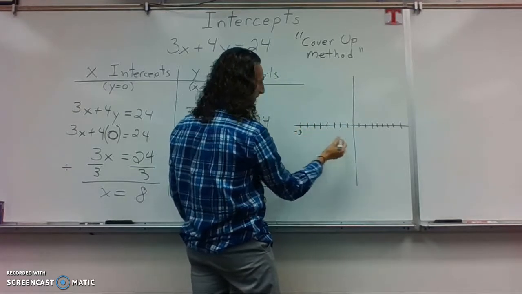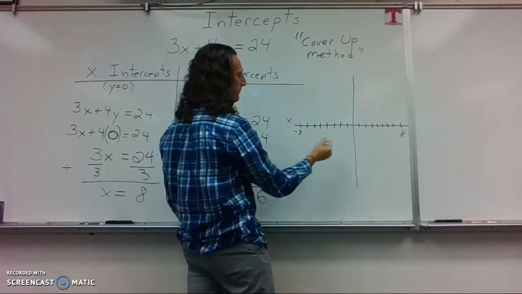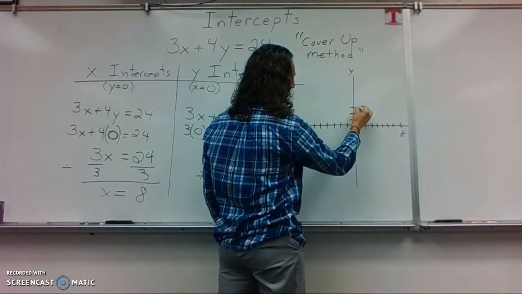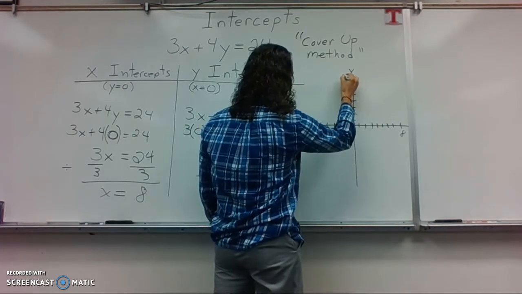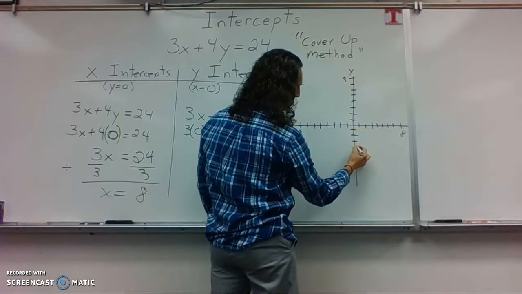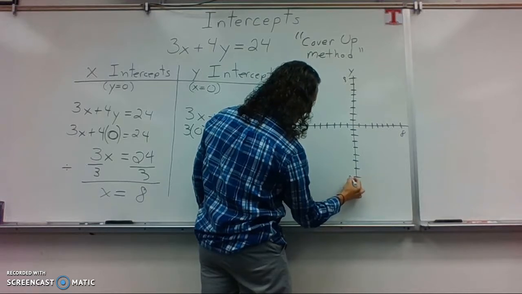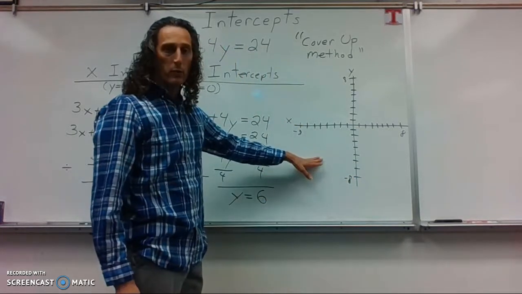So it's my negative 8, 8. This is my x-axis. Don't get these mixed up with the y-axis. 1, 2, 3, 4, 5, 6, 7, 8. And 1, 2, 3, 4, 5, 6, 7, 8. All right, so there's my coordinate plane.